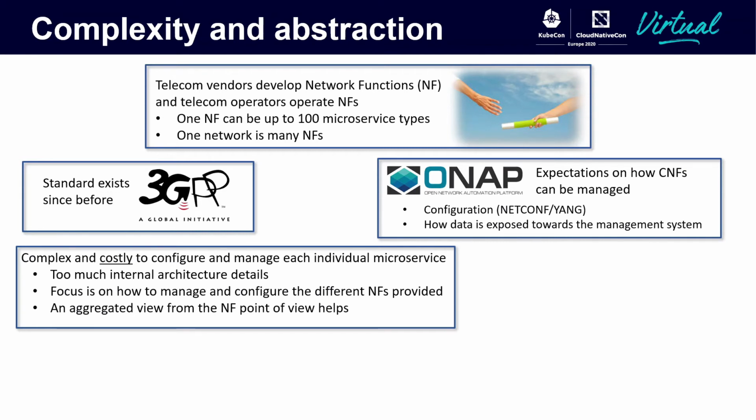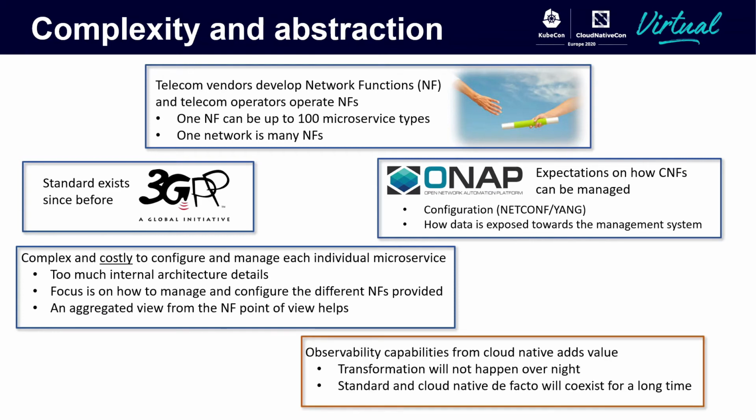So what the operator is really looking for is a focus on how to manage and configure the different network functions that they bought or want to run as part of their network. So an aggregated view from the network function point of view really helps to abstract this and give meaning to the operator that needs to operate the network functions.